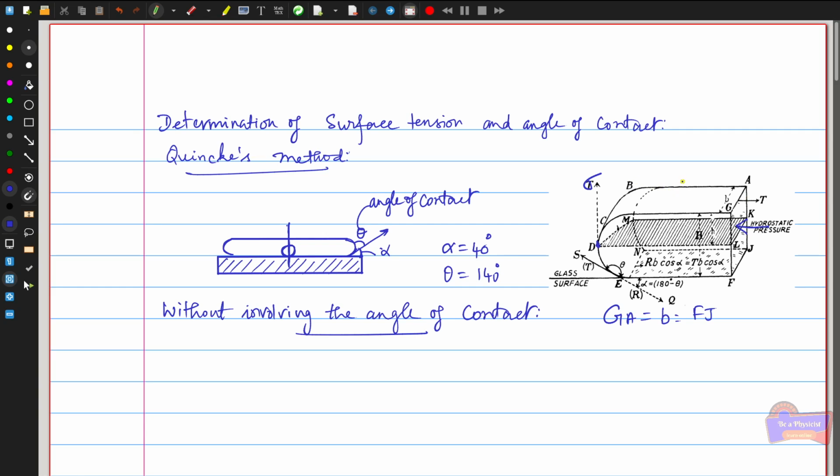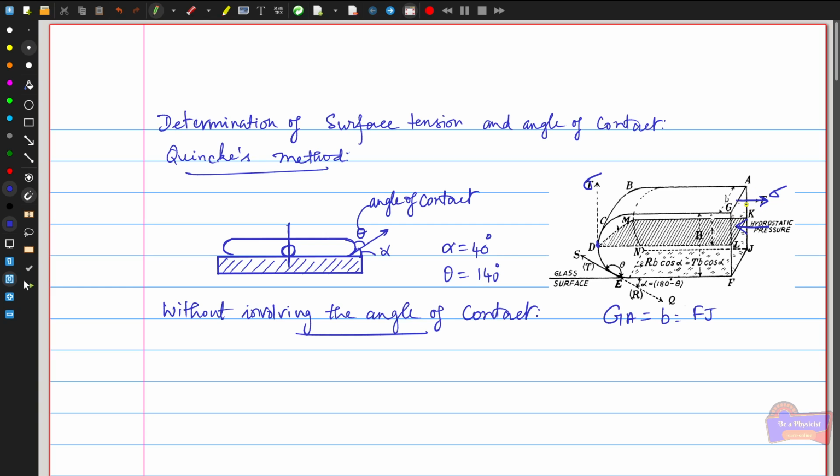It acts towards the left of this liquid drop. Similarly, we have another force, a pull due to the surface tension over this part GA, which is perpendicular to this surface GA and acts towards the right, also as sigma. Among these three forces, one is the surface tension acting upwards, and the other two are the hydrostatic pressure and the surface tension acting towards the right.